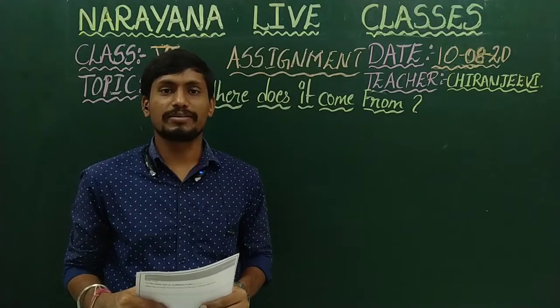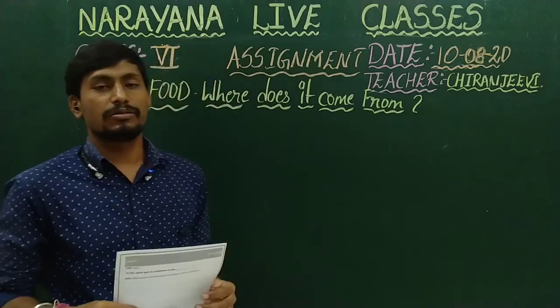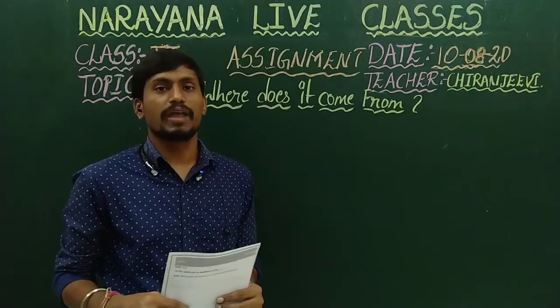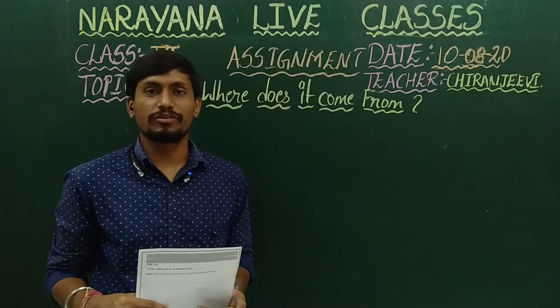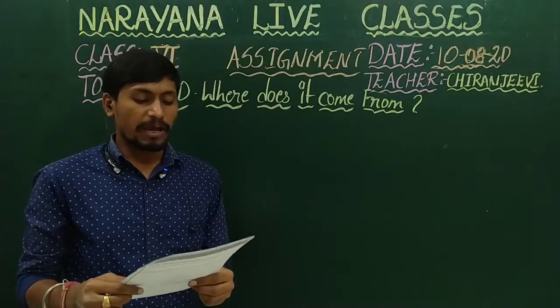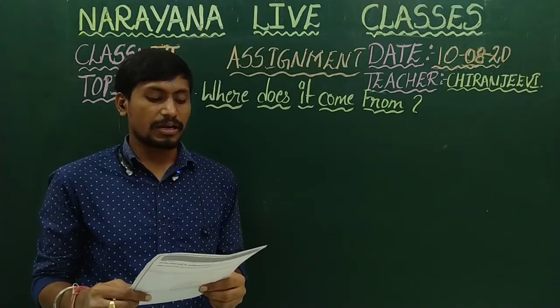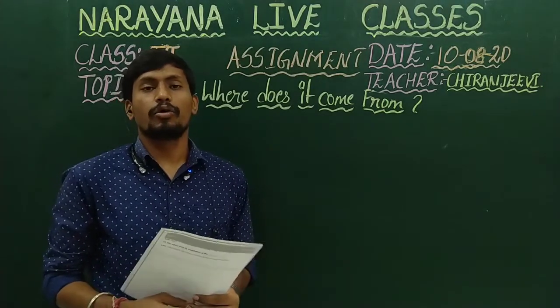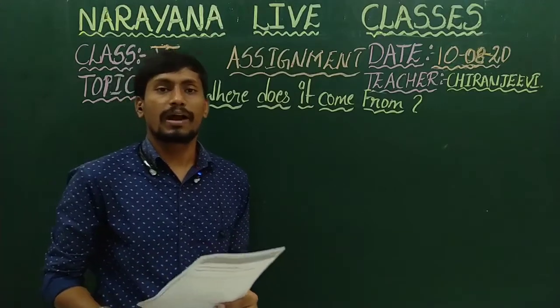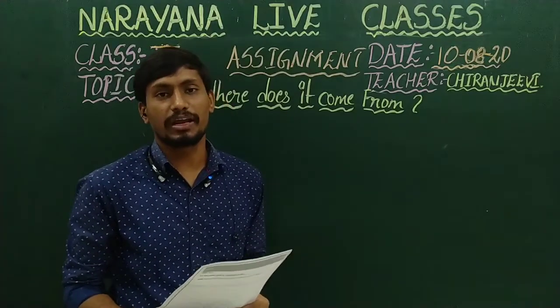Today we are going to discuss the assignment of 10 August 2020. In this assignment, the first question we will see: to prepare vegetable curry, we need different kinds of dash, dash and dash. So if you want to prepare a vegetable curry, what are the ingredients, what are the things we require?